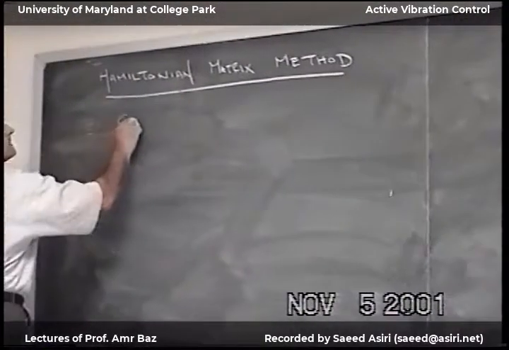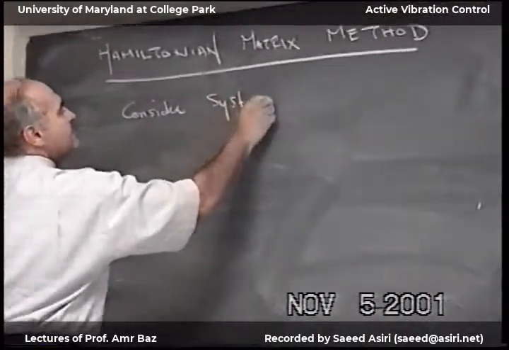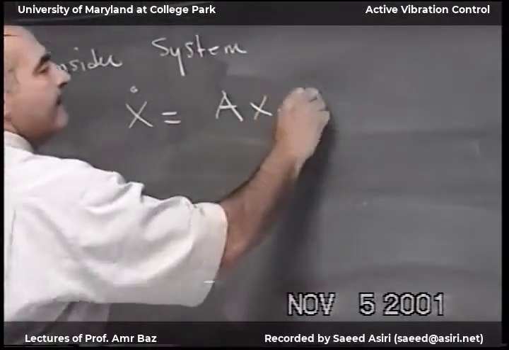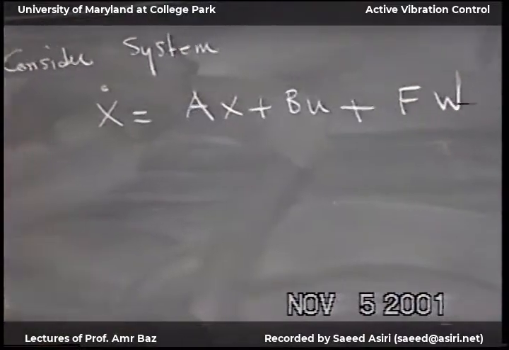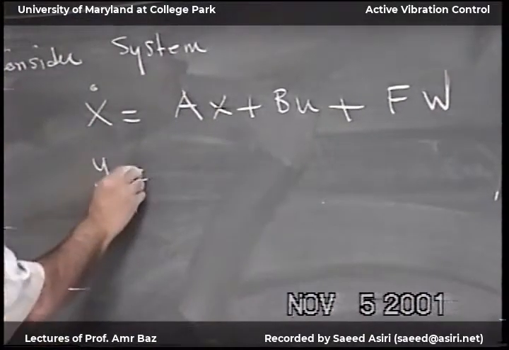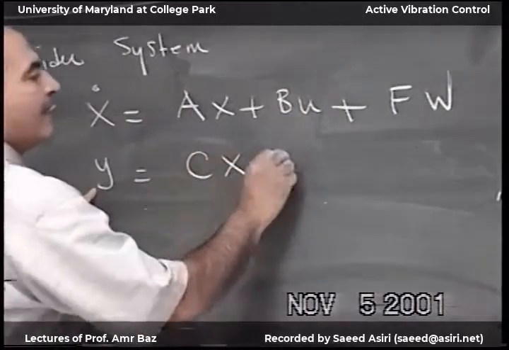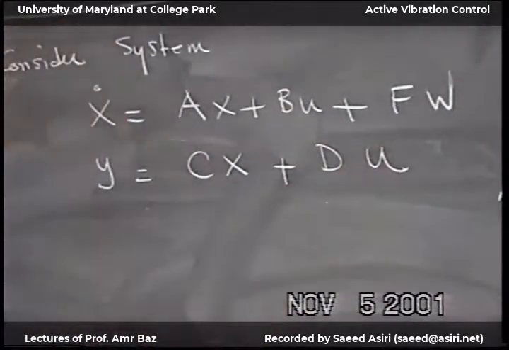Now we'll consider the following system. x dot is equal to Ax plus Bu plus Fw, and then y. I'm going to make this y like this: Cx plus Du.